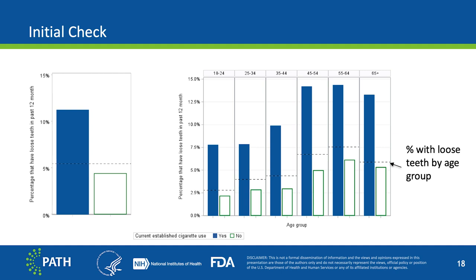Here we see that for the younger age groups, 18 to 24 and 25 to 34, the percentage differences are smaller than the older age groups. The age group 45 to 54 has the largest percentage difference between people who currently use or do not use cigarettes. Please note that all percentages are weighted using the single wave weights.